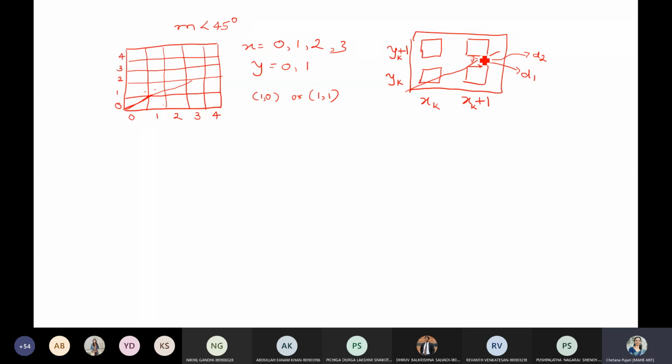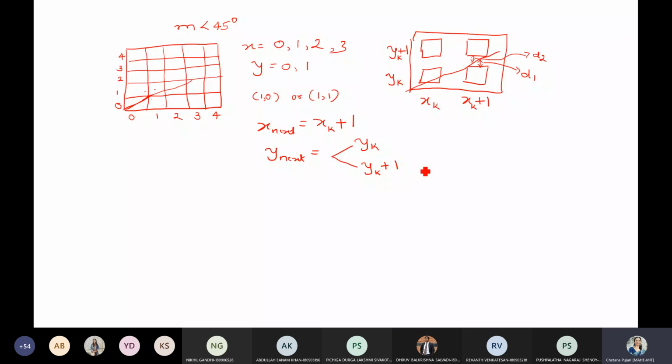So every time your x increases, your y can increase or it may not. Here when m is less than 45 degrees, your x will always increase by 1 at every iteration, whereas your y may not increase or it may increase by 1.